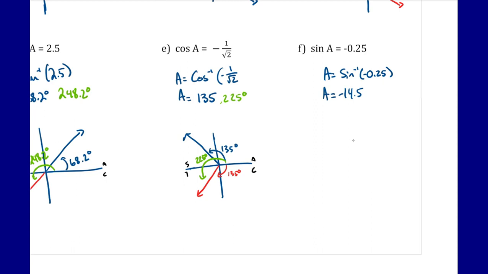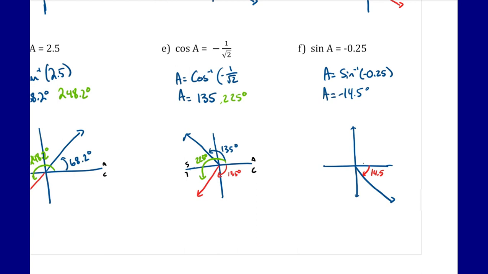But what that means, let's draw our quadrant system, is that negative 14.5 degrees means we go in the negative direction. So we go in reverse 14.5 to our first angle.